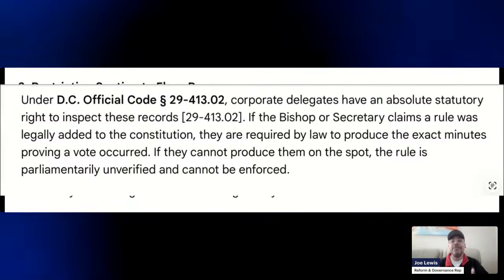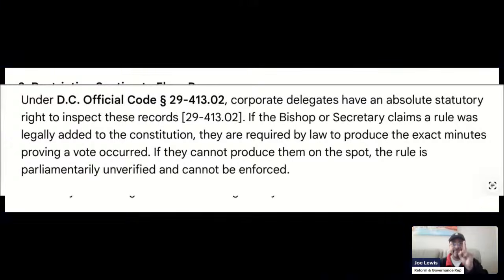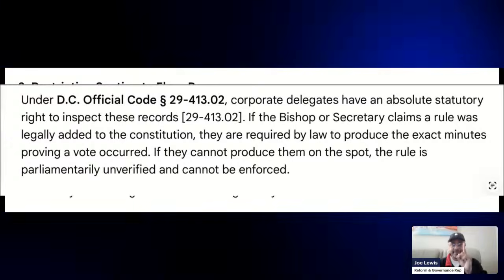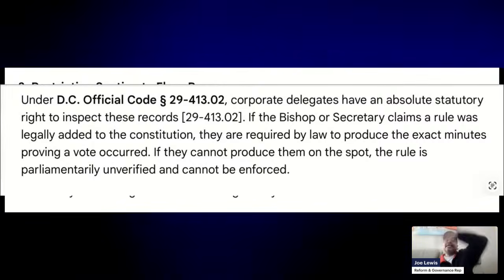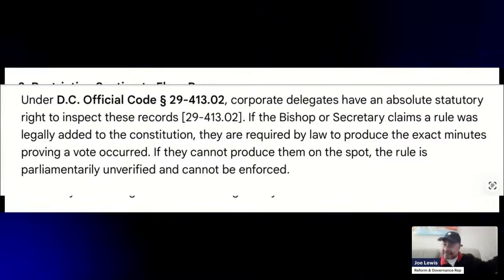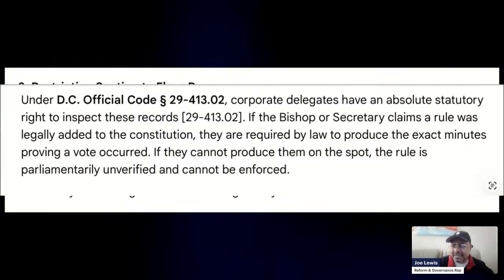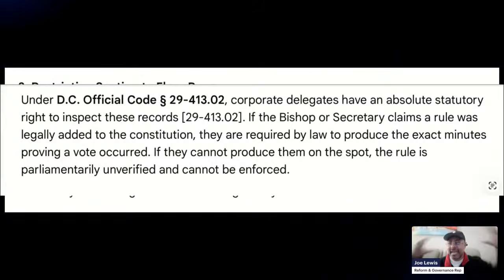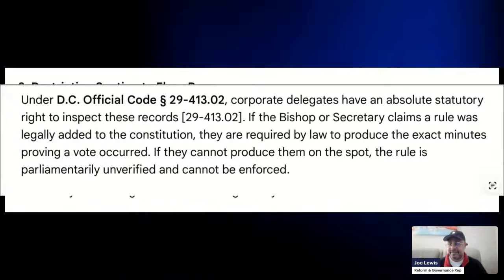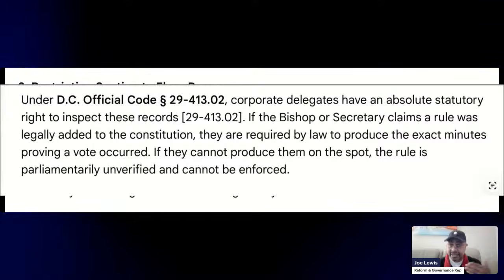How many votes were taken? One vote. One vote to pass 47 amendments. One vote. The amendments came as a package that the members were never allowed to talk about and discuss.